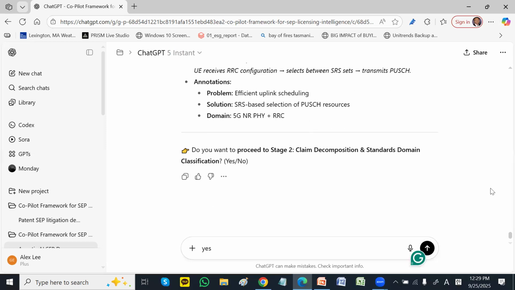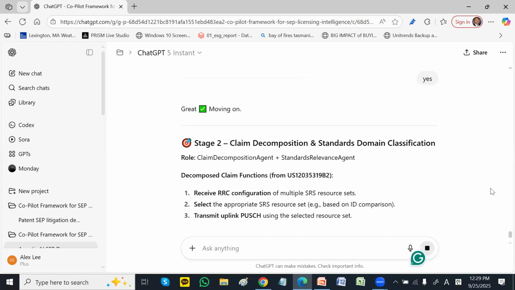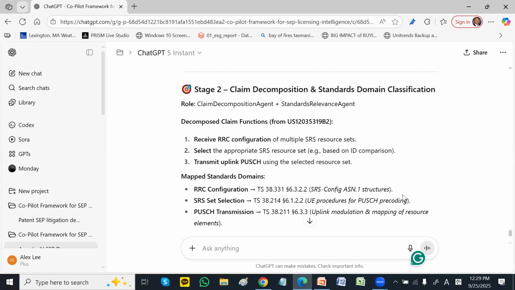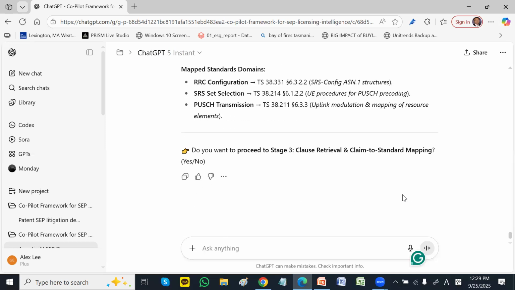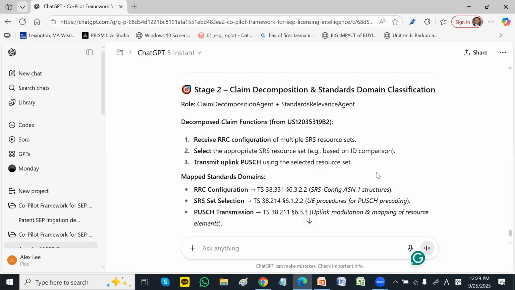So it started with claim decomposition. The difference from the previous one is that there we were looking at the claim element against the product or service element, right? In this case, it is targeting the specification, right?